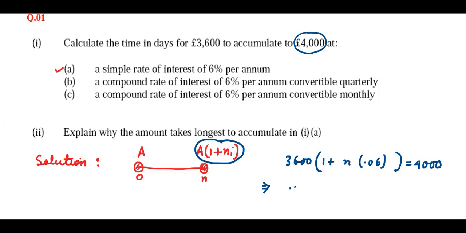You will get 0.06 n equal to 4000 divided by 3600 minus 1. Then divide this by 0.06. If you have a calculator, you can use this one.